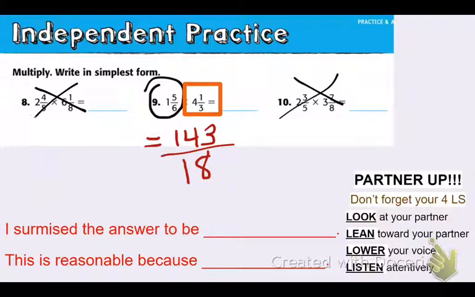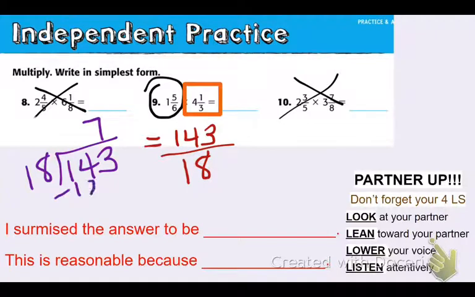How can I make this improper fraction into a mixed number? Well, I'm going to need to divide. And I need to figure out how many groups of 18 I can make out of 143. Well, I know that 18 times 7 is 126.